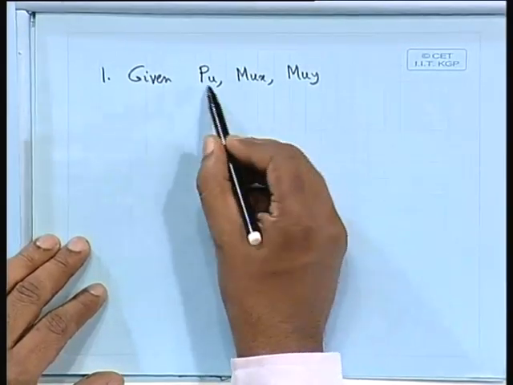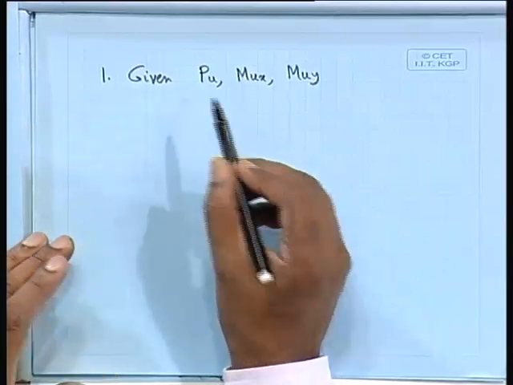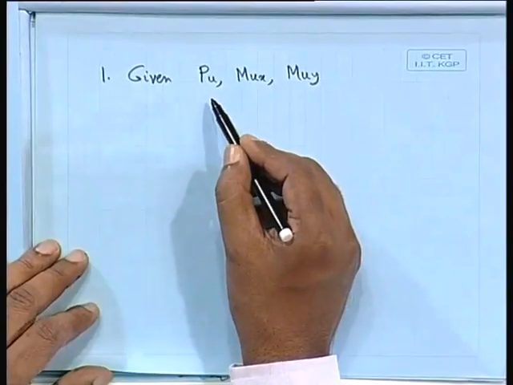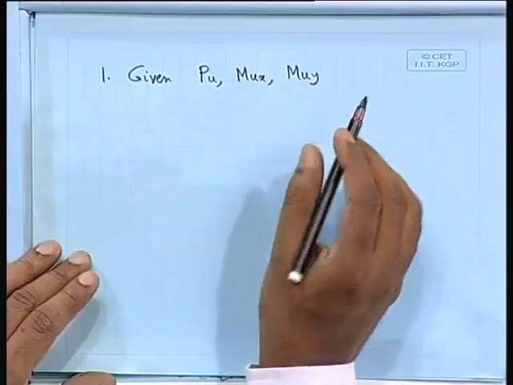Generally it happens that P is coming from the top, bending moment is also coming at the column junction, P is also the actual load. Now, after multiplication by 1.5, including the self weight of the column also, finally it is coming as Pu. So, Mux, Muy, whatever way it is coming.